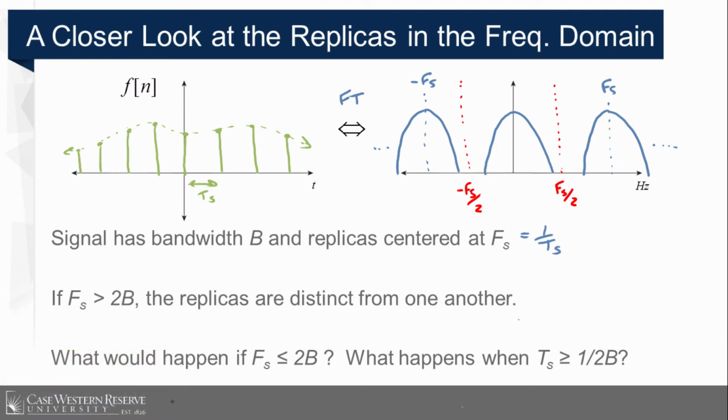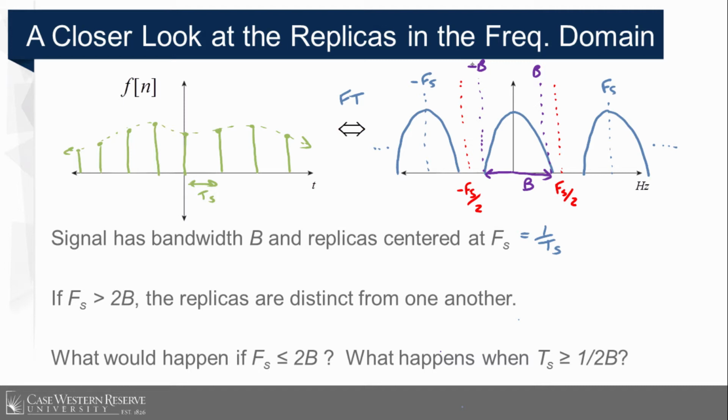And I'm also going to draw the bandwidth of my signal here in the frequency domain. So the signal has a bandwidth of b. It extends out to b in this direction, and here to minus b in this direction.